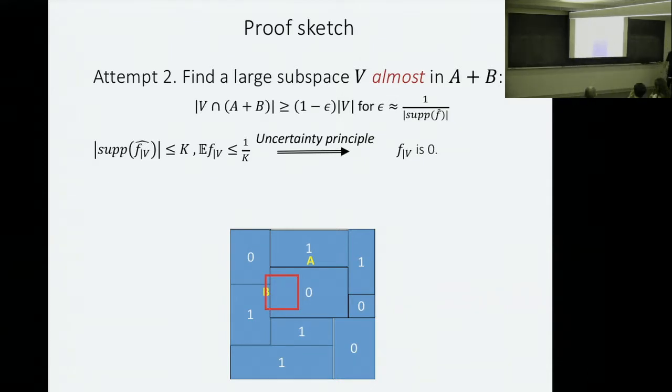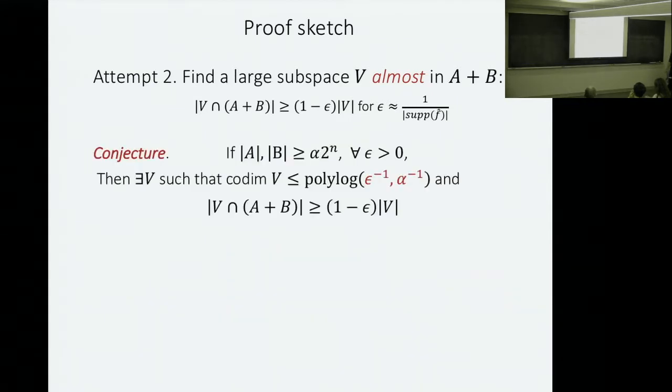So this naturally leads us to the following conjecture: if you have two sets that have density alpha, and you fix the parameter epsilon, can you find a subspace that has codimension polylogarithmic in epsilon and alpha, such that a 1 minus epsilon fraction of the subspace is inside A plus B?